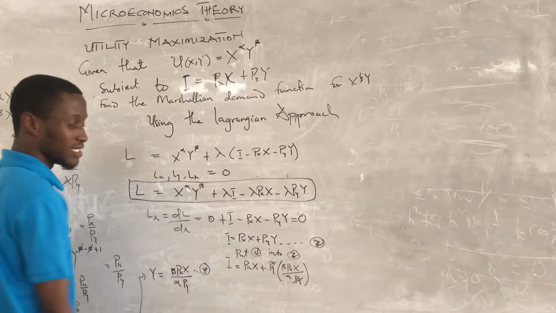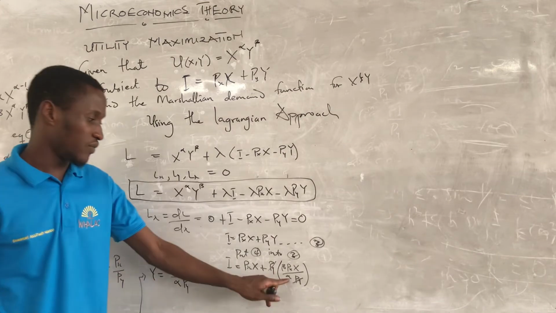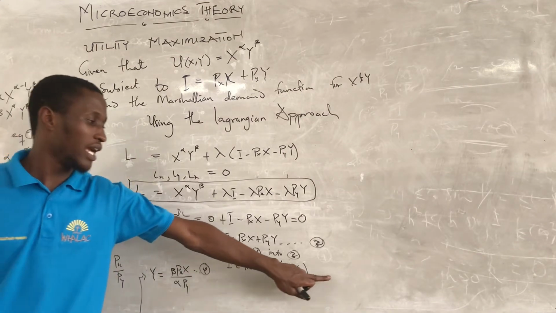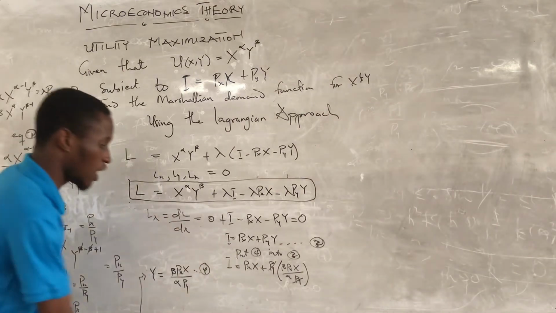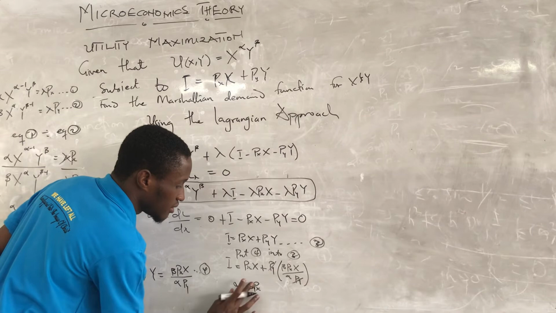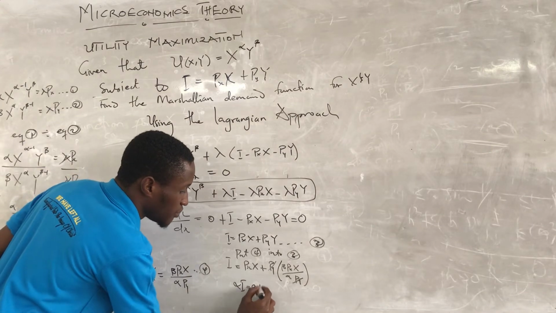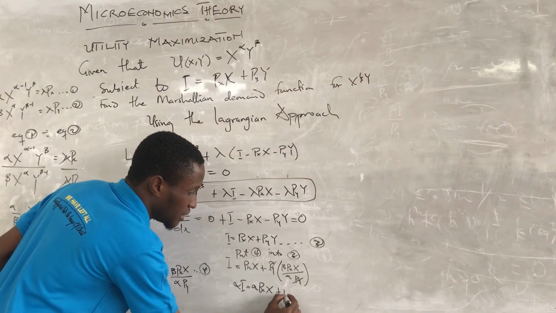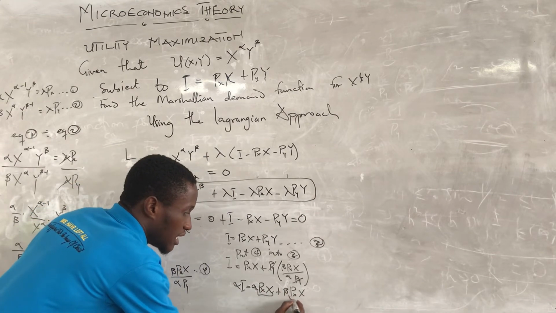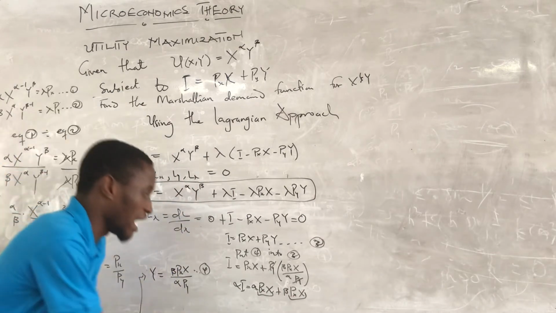This py cancels this py. Then I have alpha here. So I'll try and get rid of this alpha by multiplying the whole equation by alpha. So I'll have alpha I equal to alpha px x plus beta px x. Now px x and px x are the same, so it means that I can add the coefficients.